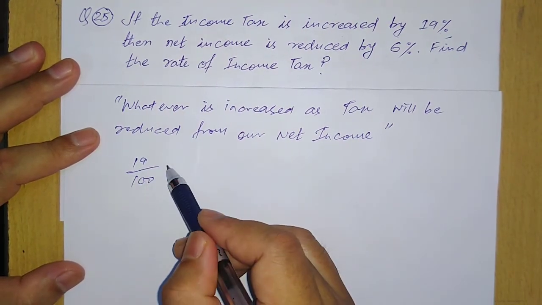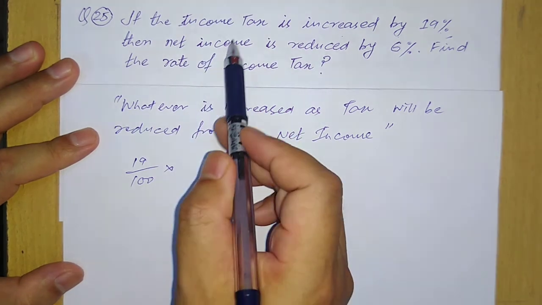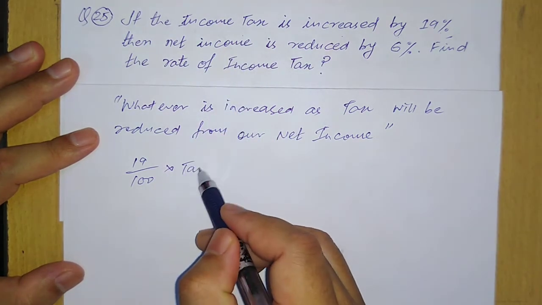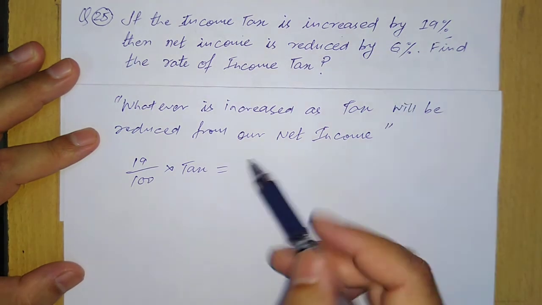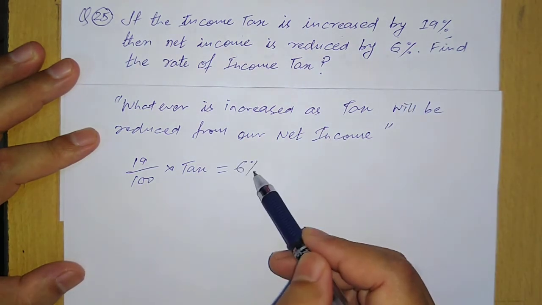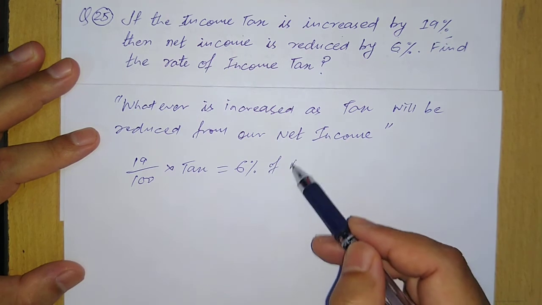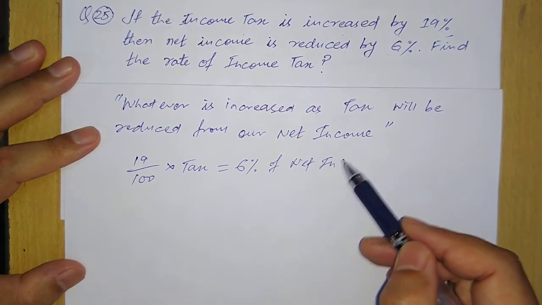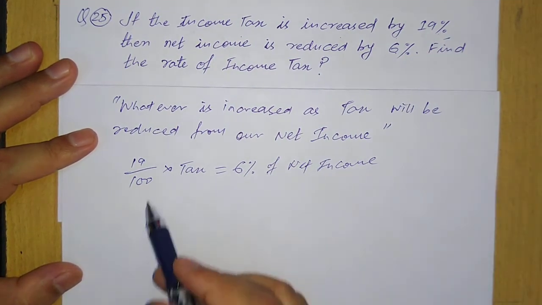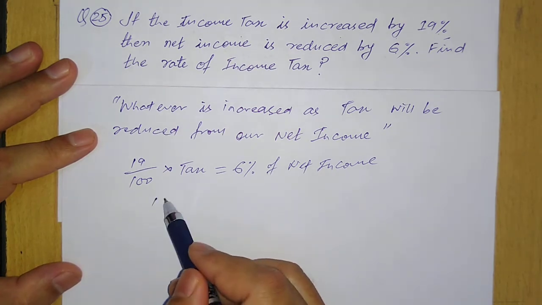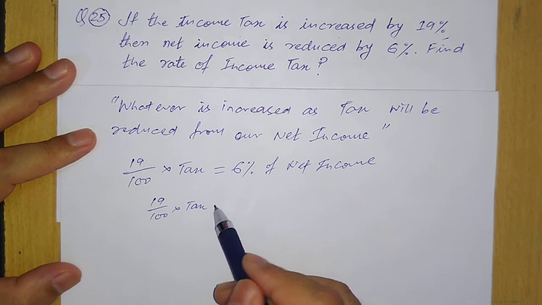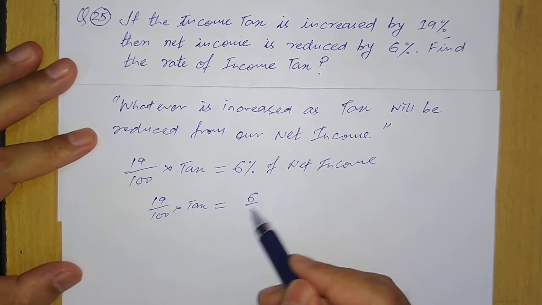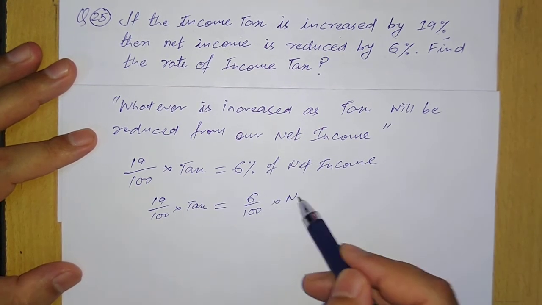19% of tax is equal to 6% of net income.